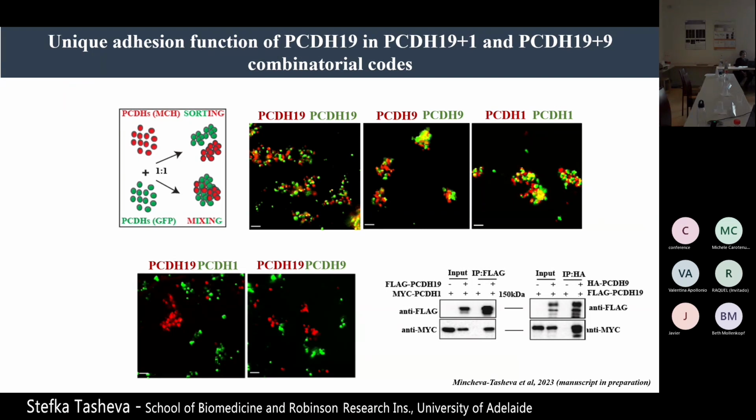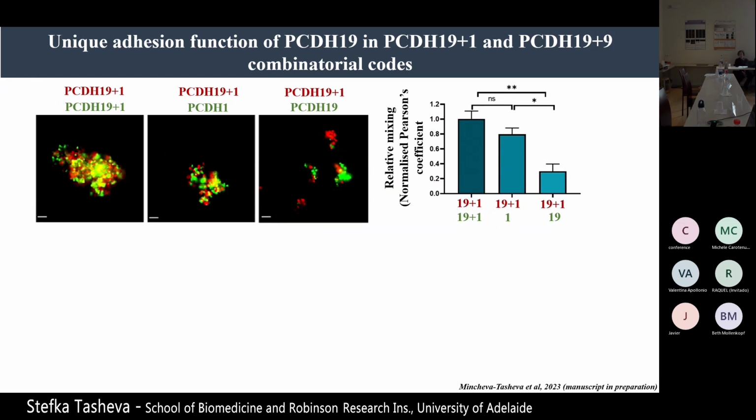And that's the first time this interaction has been shown between a member of delta 2 non-clustered protocadherins with 6 extracellular cadherin domains and members of the delta 1 non-clustered protocadherin subfamily with 7 extracellular cadherin domains. So it's a little bit interesting from that perspective.